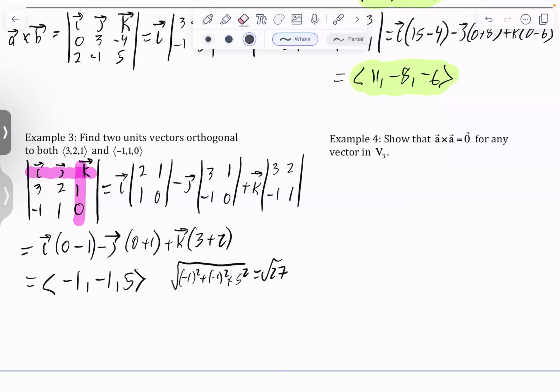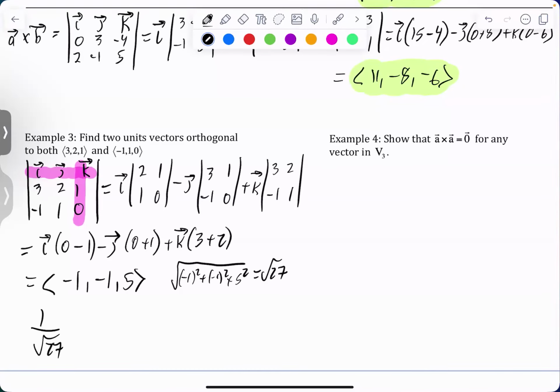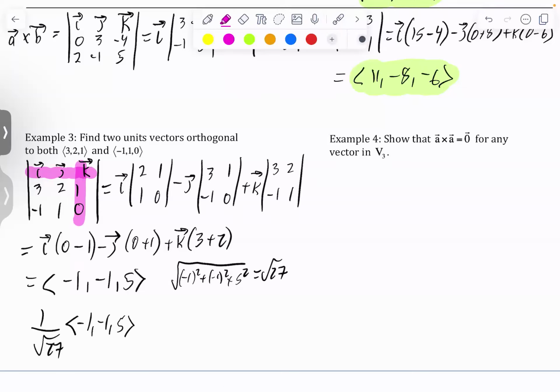So a unit vector that's orthogonal to both the vector 3, 2, 1 and the vector -1, 1, 0 is going to be 1 over root 27, -1, -1, and 5. And they want 2 unit vectors. So here's one of them.